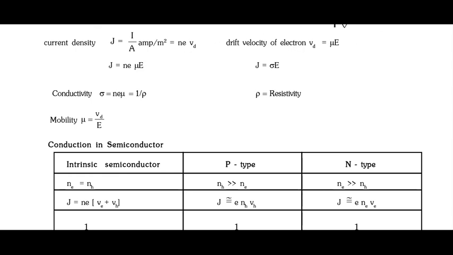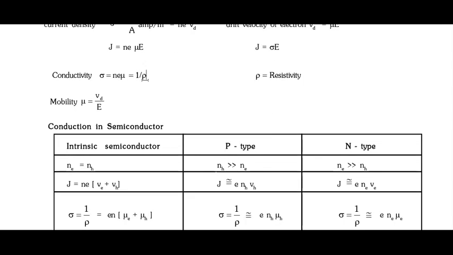Now when we talk about electrons, this is just one charge carrier. But when we talk about an intrinsic semiconductor, we have both electrons as well as holes. So the drift velocity for both electrons and holes might be different, and the charge would be the same because it's just the charge of one electron. Doesn't matter if it's positive or negative.